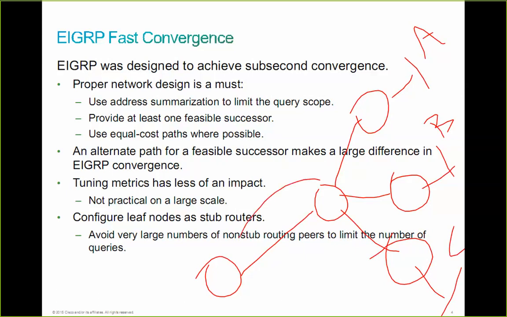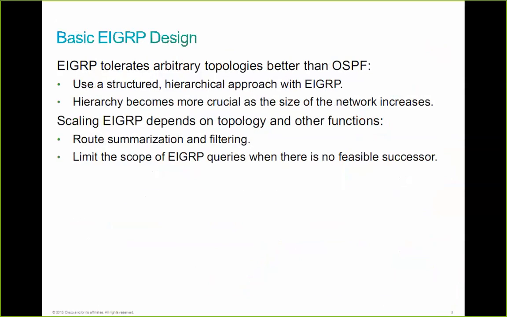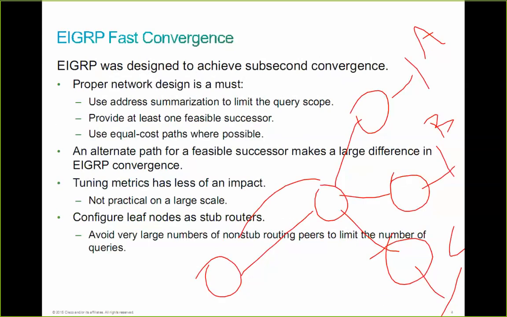As long as I'm sending that summary into this router here, if network A goes down, the summary doesn't change, does it? All right. Well, there is a possibility it could change because there is a metric for a summary.